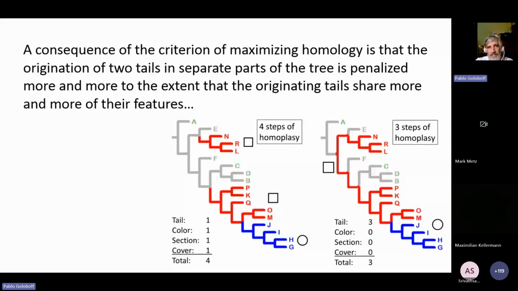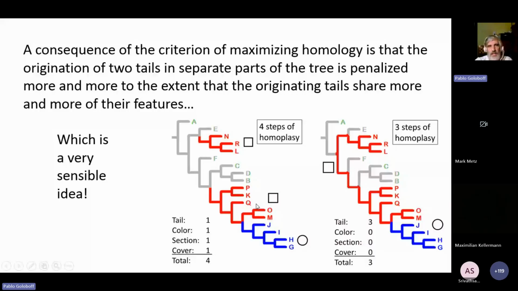When you share many secondary features in the tails that are originating separately, it starts becoming preferable to consider the tails as homologs, which is a very sensible idea. Two tails which are originating separately, if they originate with all of their conditions in exactly their same shape, their same state, that would be very surprising, right?